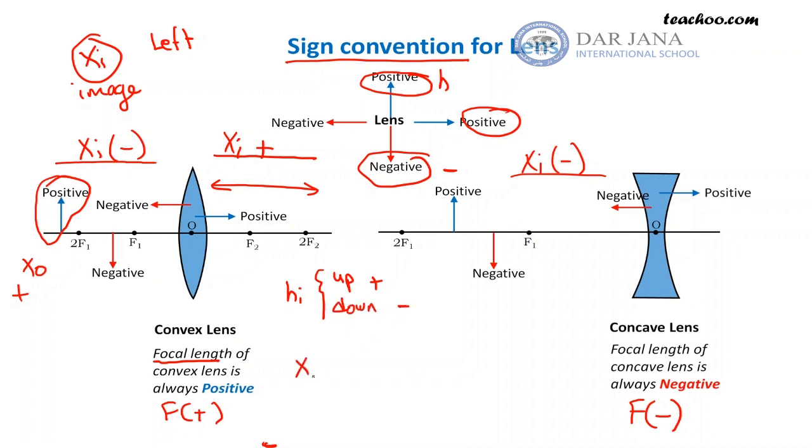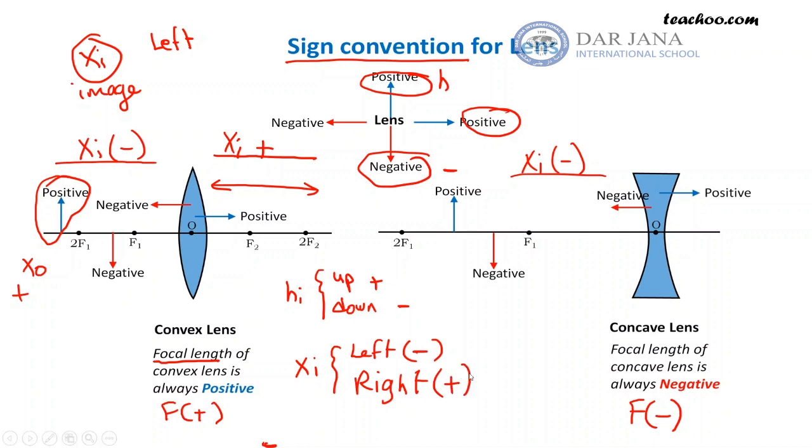The position of the image, left is negative, virtual, right on the other side is positive. This is opposite to the mirrors as you see.